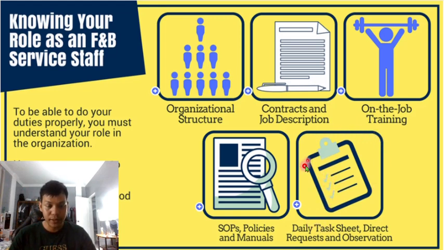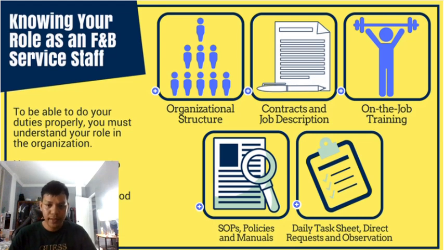So it is important. So you will be guided what you are going to do in your whole day duty. So this is usually handed to the staff or posted in the bulletins. So there's a possibility that supervisor will give you this paper, or it is written in the bulletin board before the service will start.